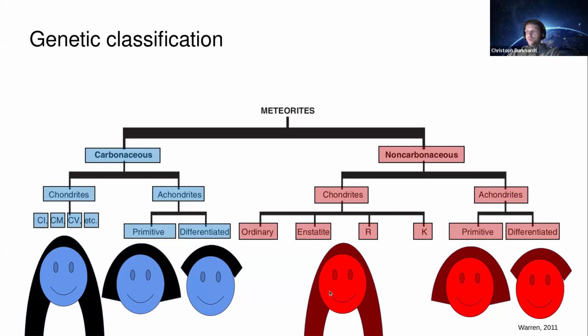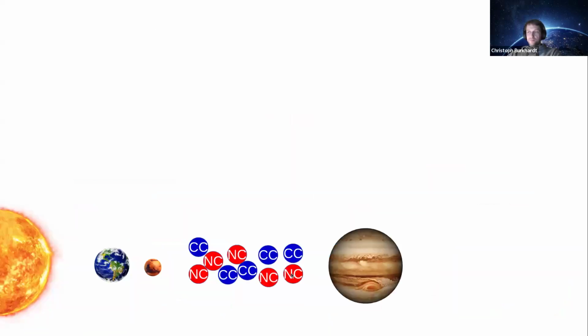So that means you have long and short-haired people from the same family, but there are two big different families around. So what it means in the asteroid belt, from where our meteorites come from, we have two distinct families, NC and CC bodies, and they have a distinct isotope composition.